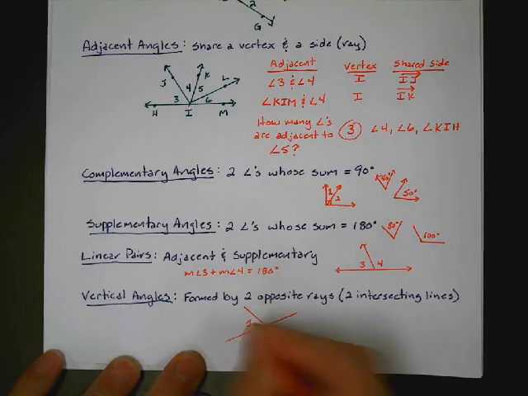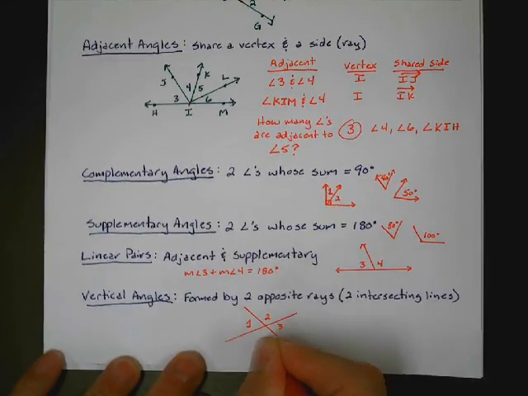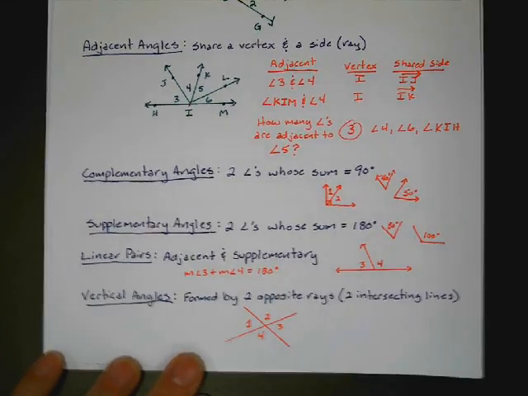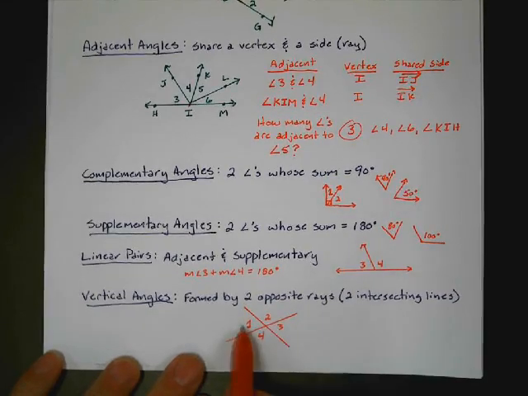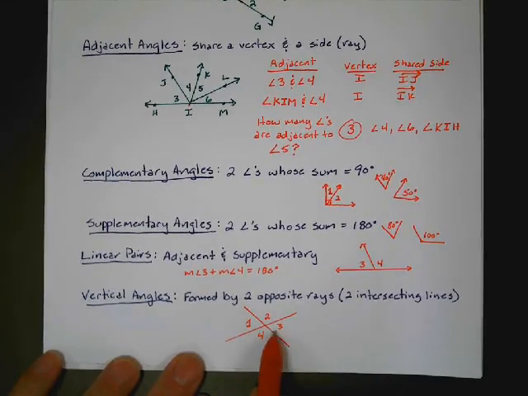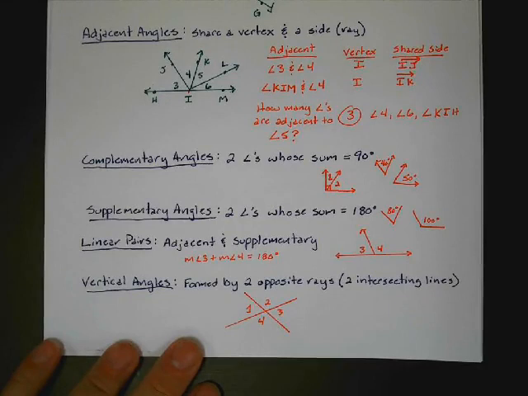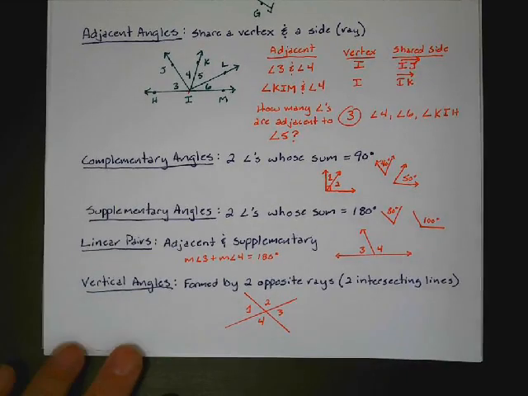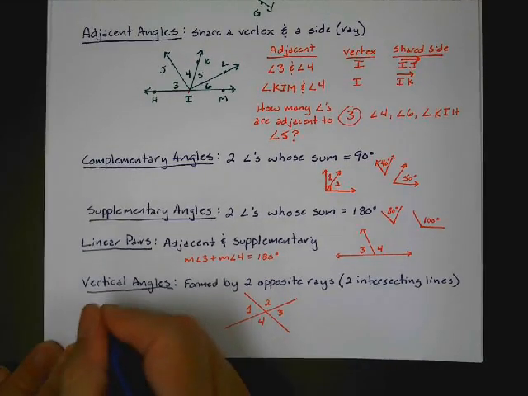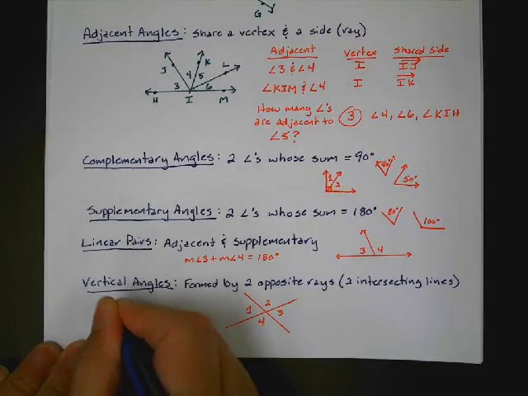Here's one angle, here's another one, here's the third one, here's the fourth one. Now what we learned last year is that 1 and 3, so the angles across from each other, those are the vertical angles. And we also learned that vertical angles are congruent.